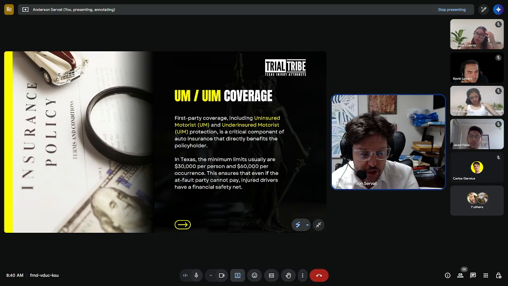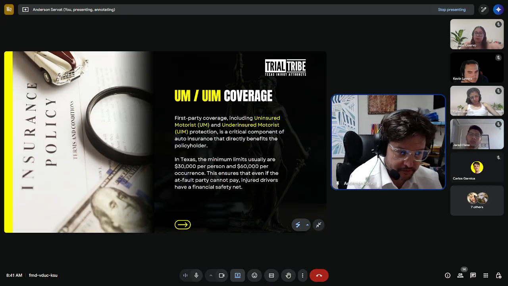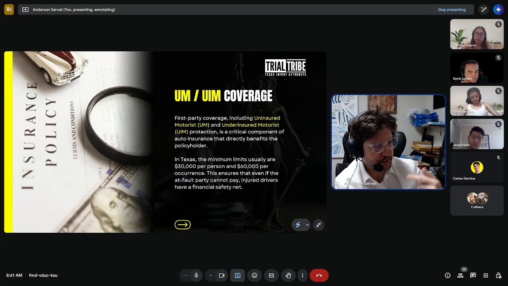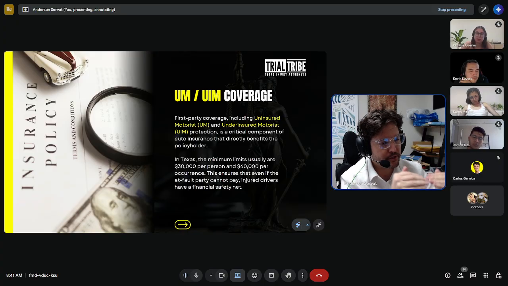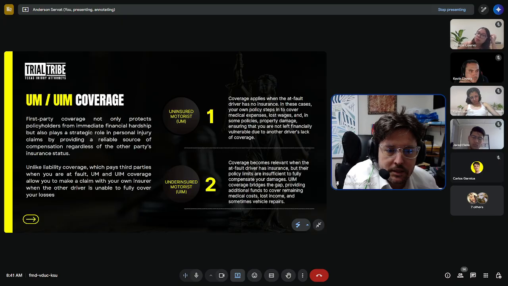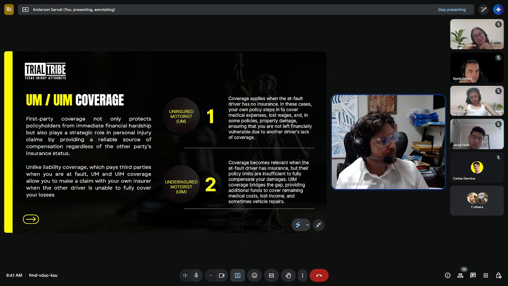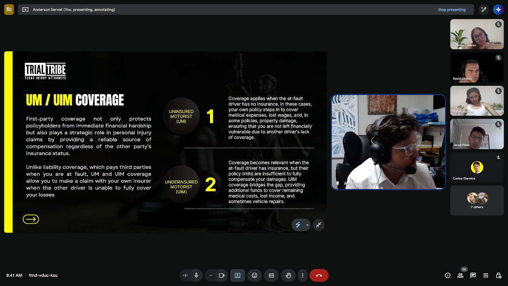Now, underinsured means the other driver has a minimum policy of 30,000, but the bills are 50. So we're going to get this difference because he is underinsured. He's not insured enough to cover everything. Like I said, I'm jumping through information fast here, but UM is when the guy doesn't have insurance.